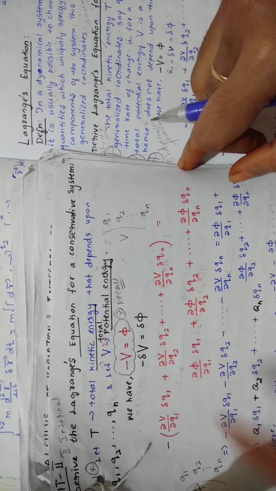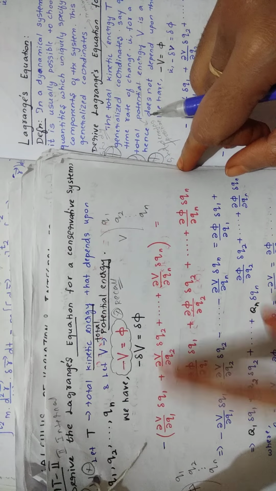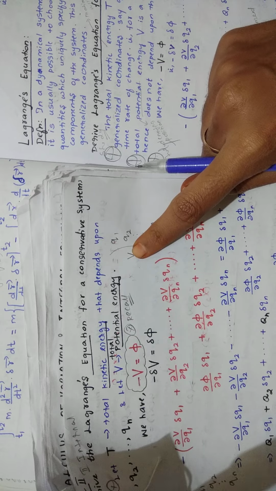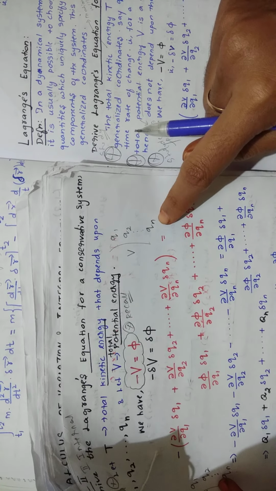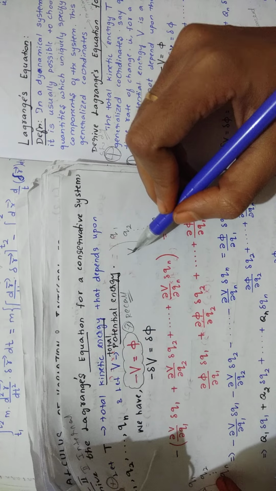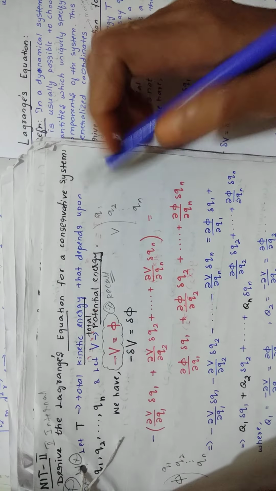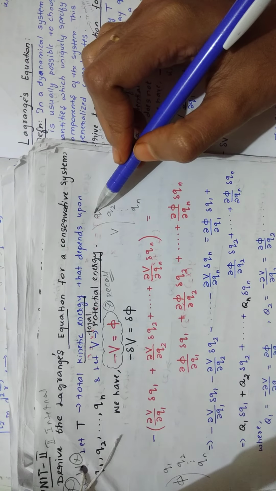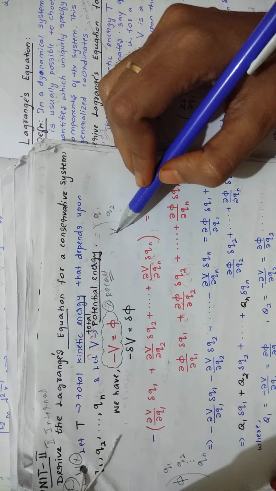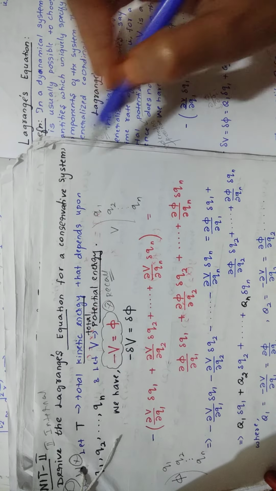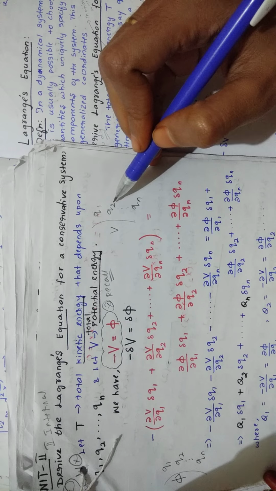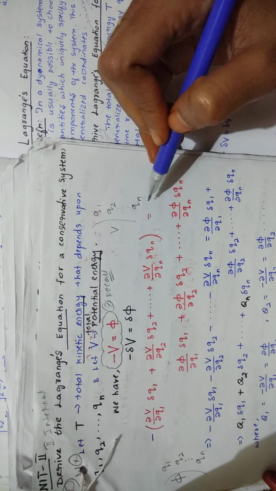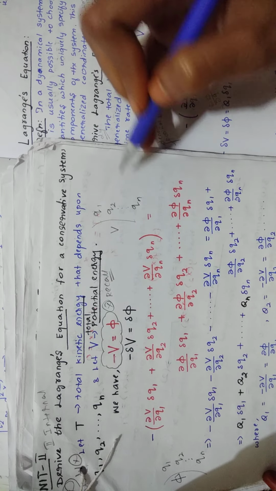First, you are differentiating this V, right? So just write this V and write the generalized coordinates like this. Using this you are going to write, so you can check whether I am saying it right or not: dou V by dou Q1 into delta Q1 plus dou V by dou Q2 into delta Q2 plus etc., plus dou V by dou Qn into delta Qn.